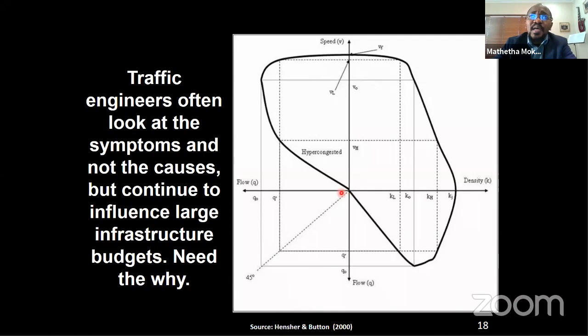And then similarly with the speed and flow. So often they say, okay, if you want to improve this, then you need to reduce the density, increase the number of lanes, for example, without saying why. Why is this happening? Why are we having what we're having?